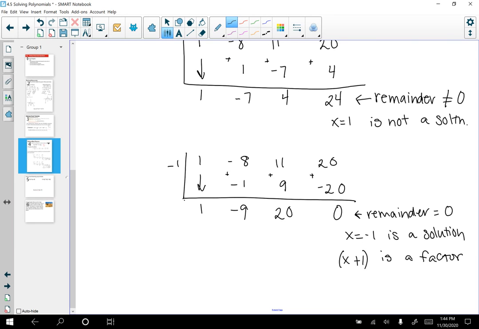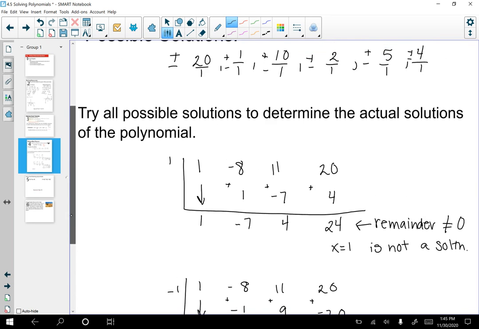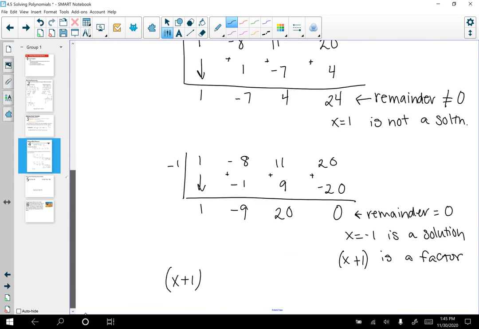So if you think back to synthetic division, when I get a remainder 0, then I use whatever's left. That's my new answer. So I have x plus 1. Now we started with x cubed, so my answer is going to be x squared. So I have x squared minus 9x plus 20.